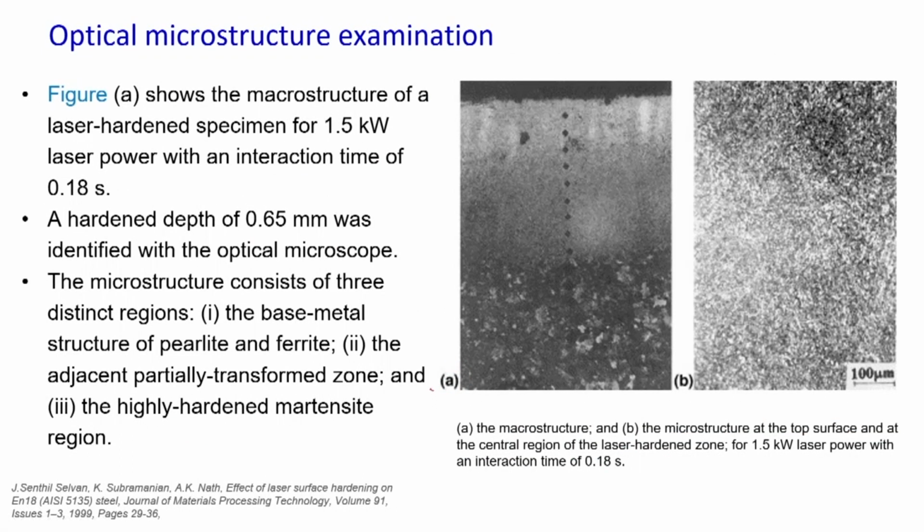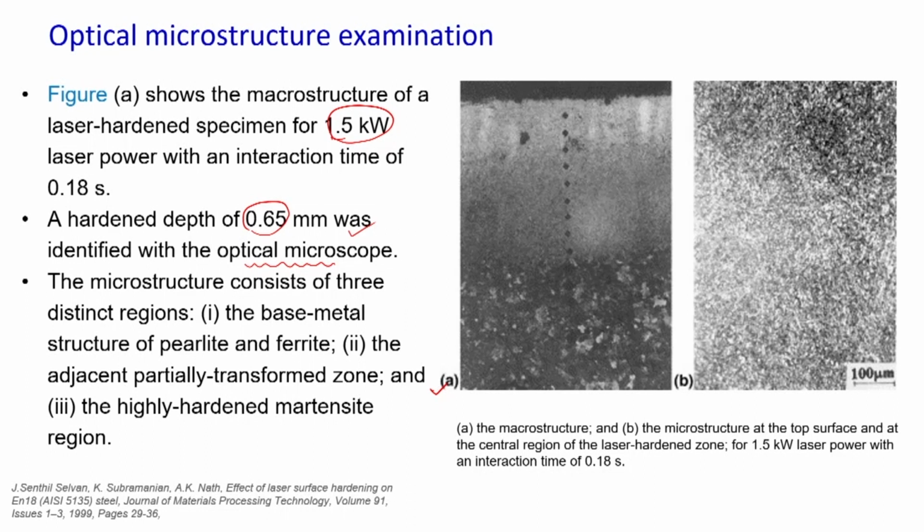As I mentioned, A is showing the macrostructure, and what we have noticed here is a hardened depth of about 0.65 mm, 650 micron, identified in the optical microscope. So, the hardened depth, or the layer having enhanced hardness, was noted as about 650 microns.